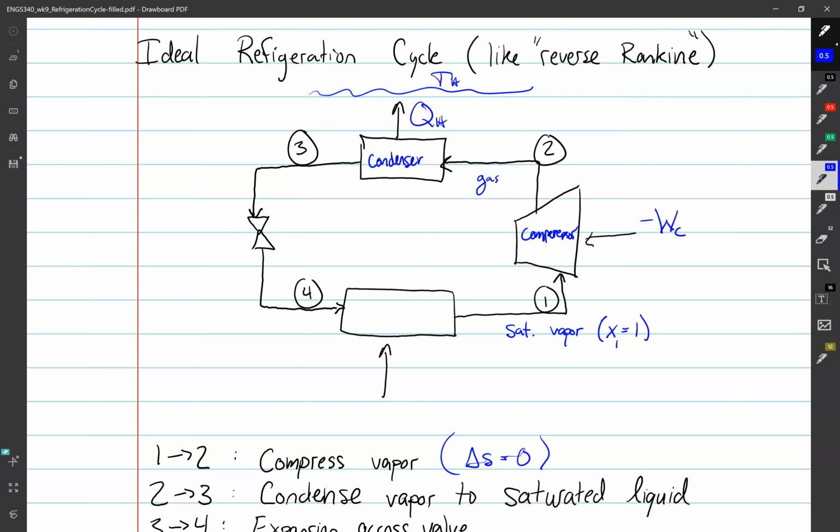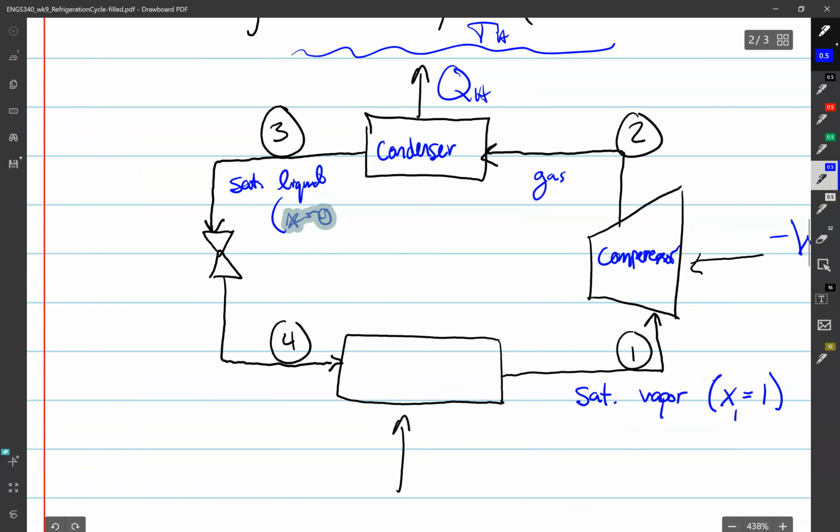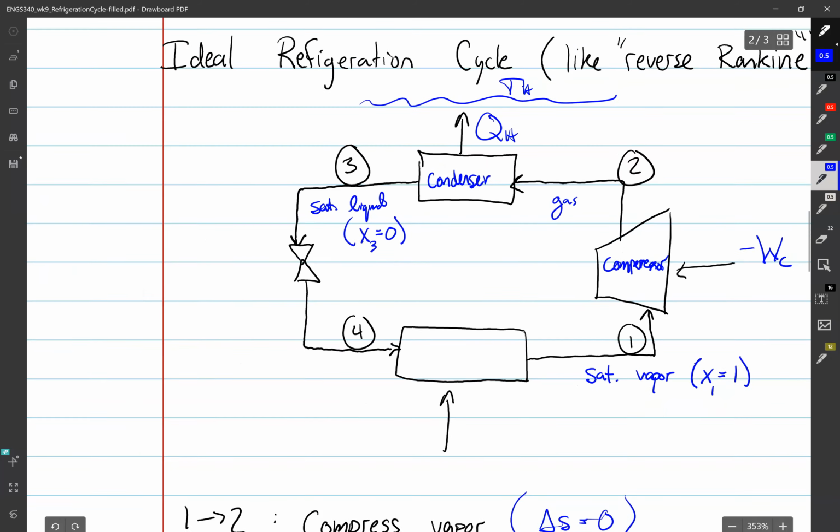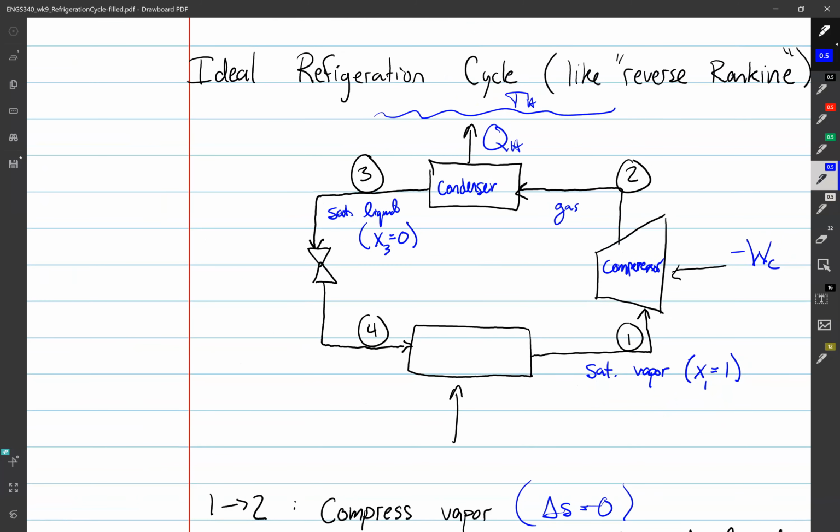At 2, we have a gas or a superheated vapor, more specifically. Here at 3, we have ideally a saturated liquid. So that's X3 equals 0.